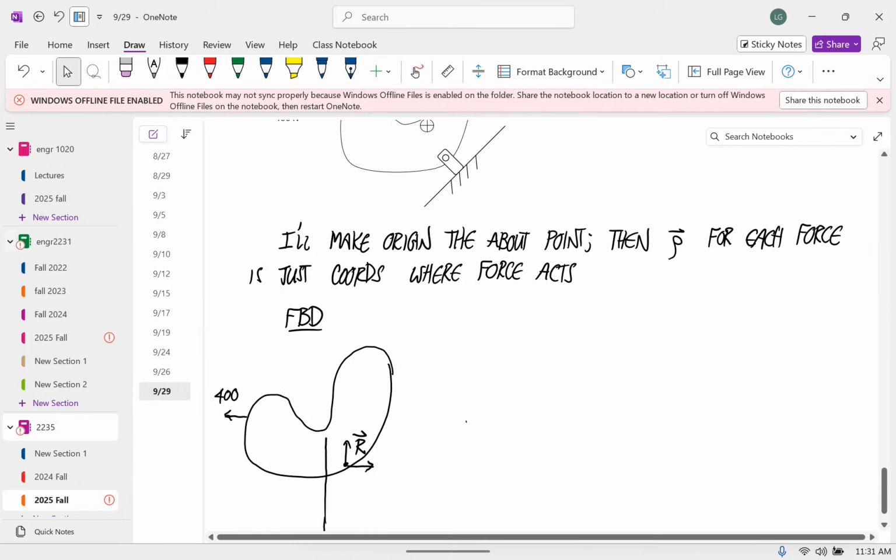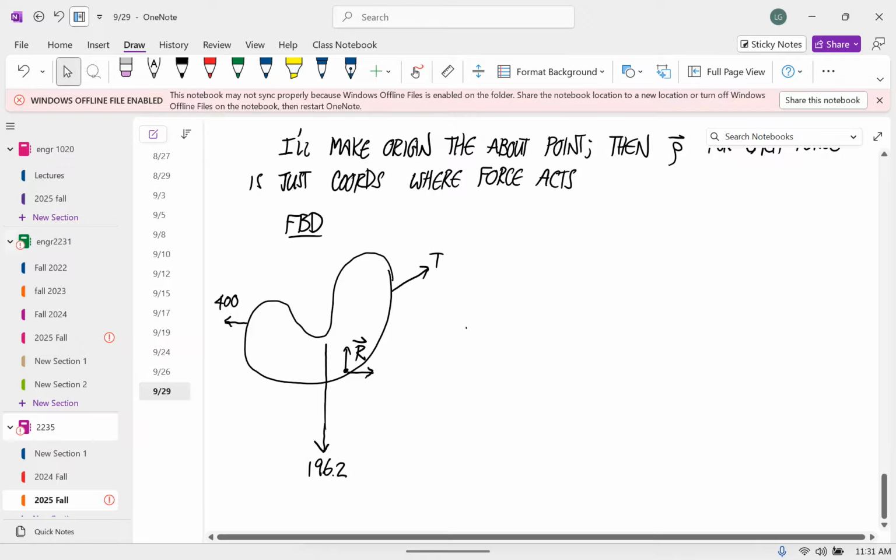Okay, and then the last force is this cable force. I'll call that T. So that's the free body diagram.